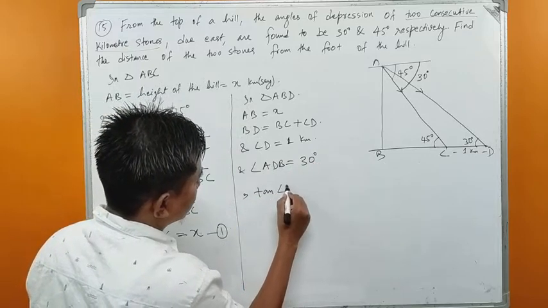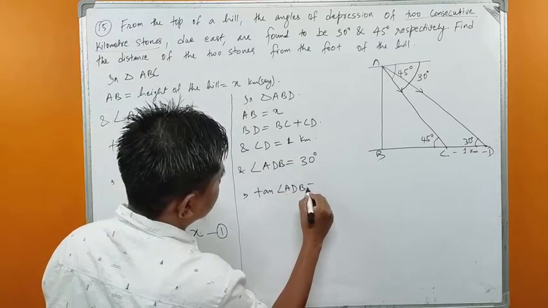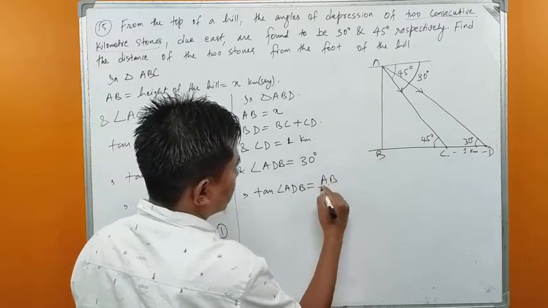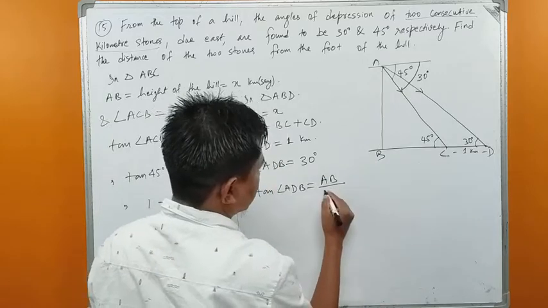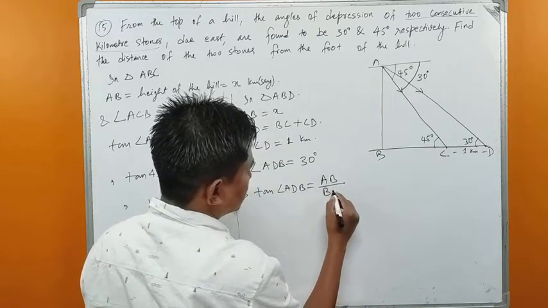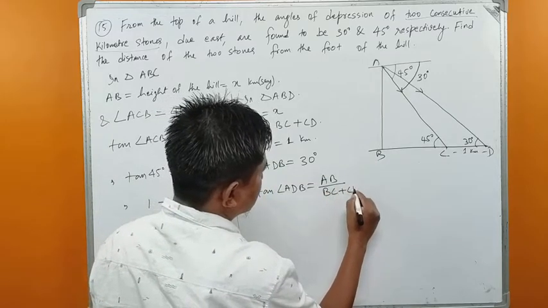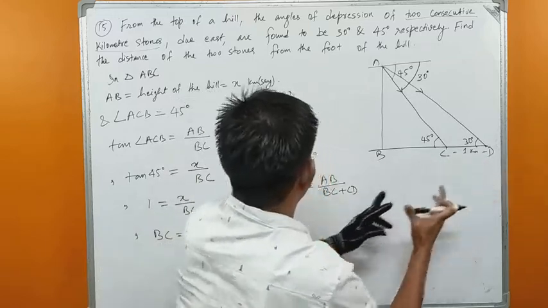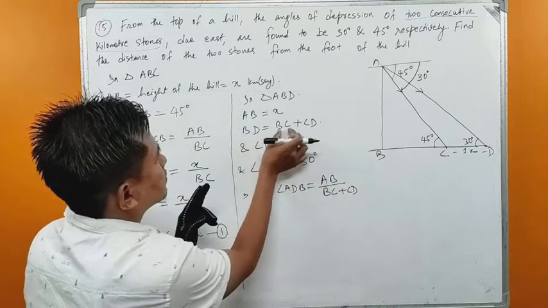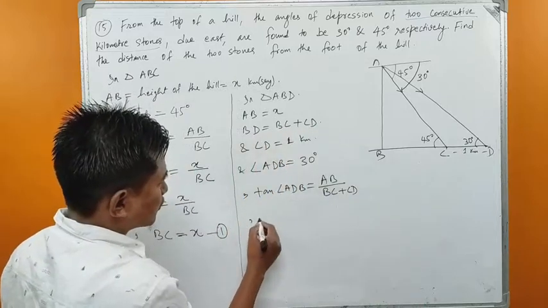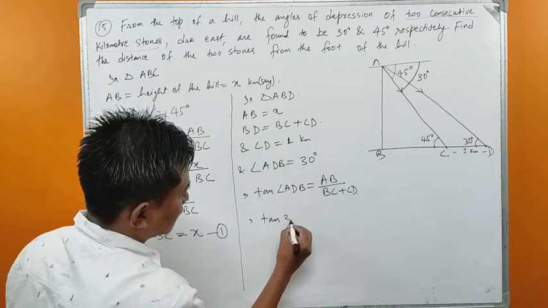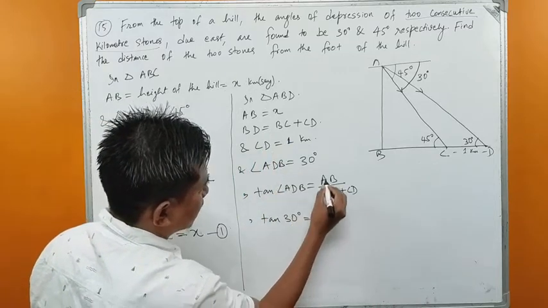Tan of angle ADB equals perpendicular AB by base BD, which means BC plus CD. So tan 30 degrees equals AB.